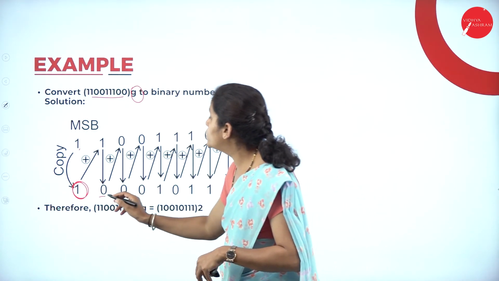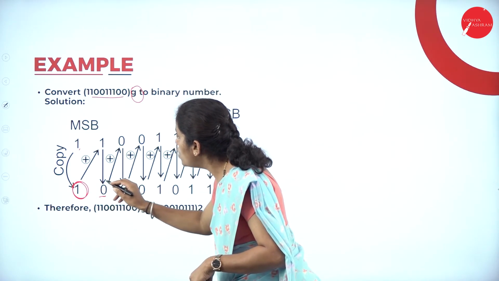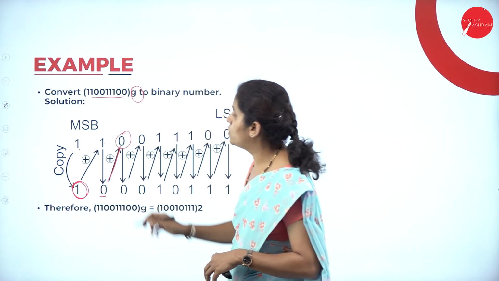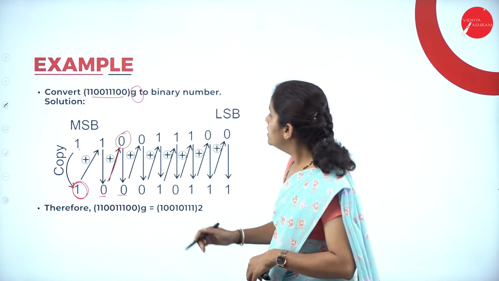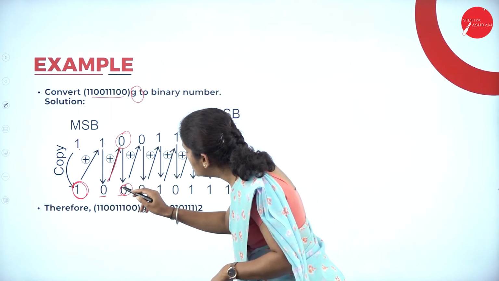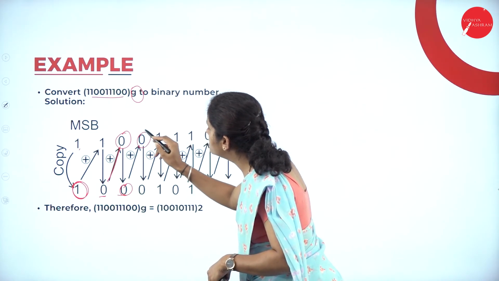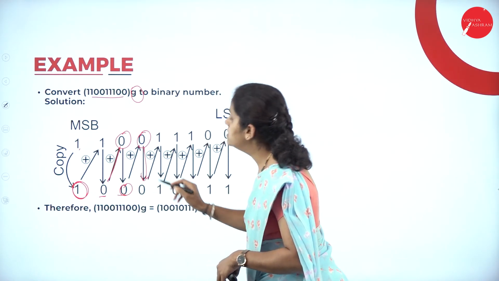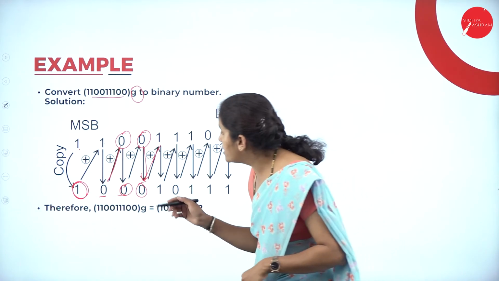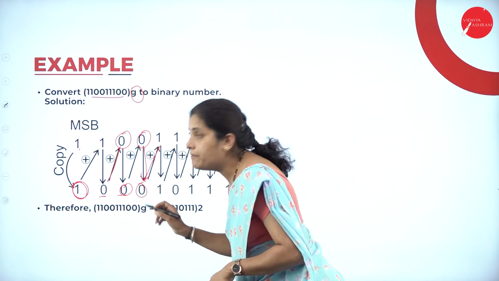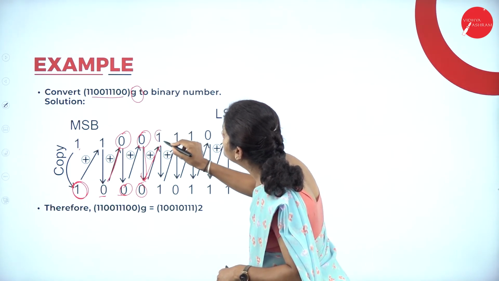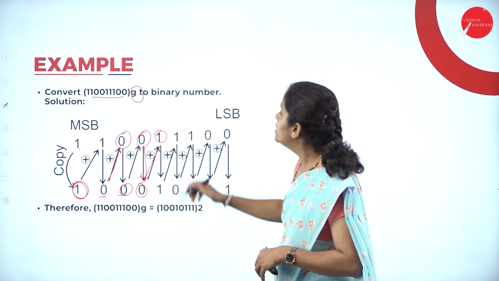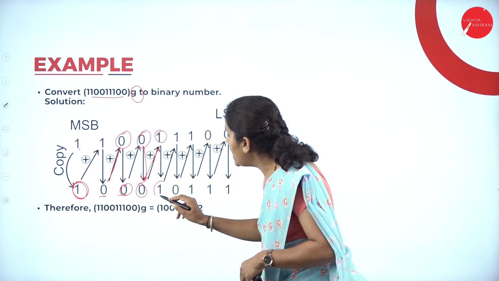Now I'm going to XOR this 0 with this 0. What is the answer I'm going to get? 0. I'm going to XOR this 0 with this 0, I'm going to get 0. I'm going to XOR this binary value 0 with the gray value, I'm going to get 1.